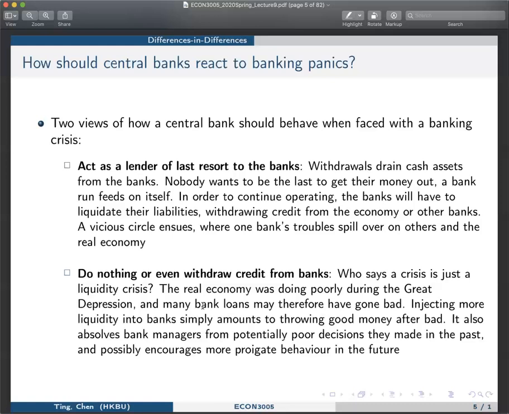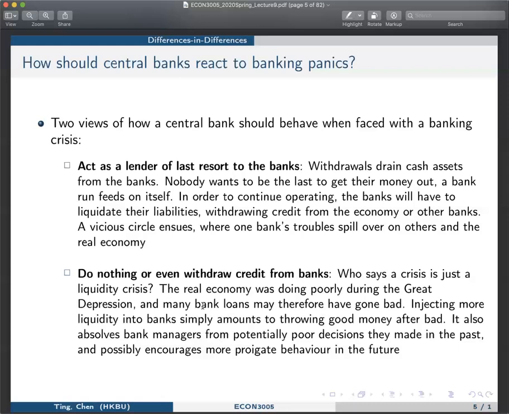But that also causes another problem: those firms that operate on loans, that grow on loans, lack money and liquidity at this time. This actually creates a vicious circle, in short, where one bank's trouble can spill over to other banks and also to the real economy, to the whole economic system.